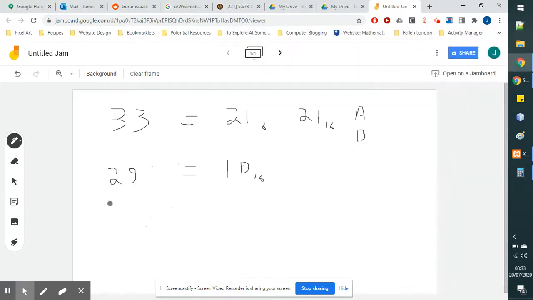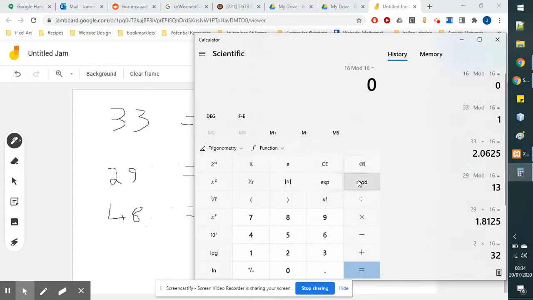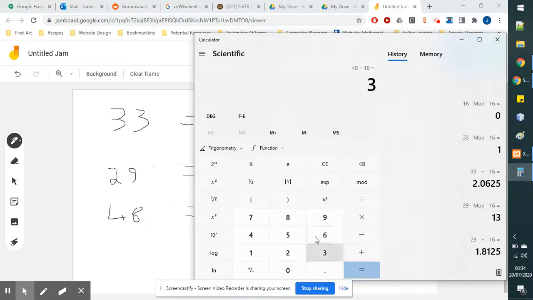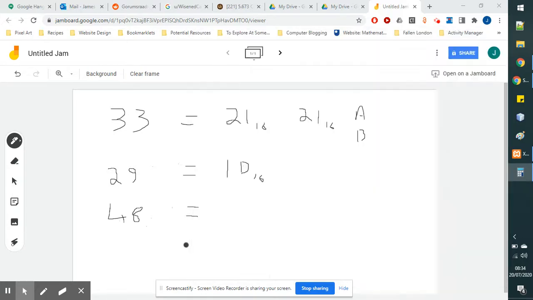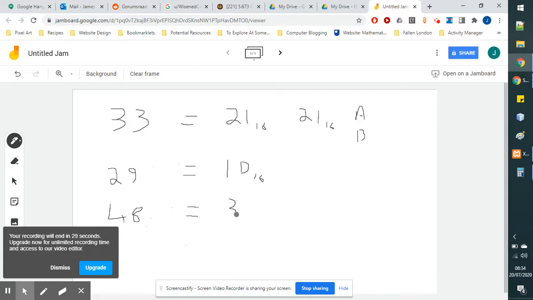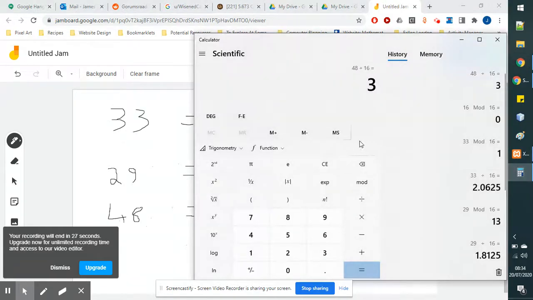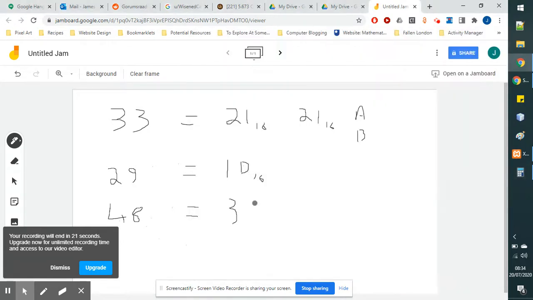So if I were to do 48 in decimal, I would start off by saying, okay, what's 48 divided by 16? Well, it's 3, there's no decimal place to ignore. Then what's 48 mod 16? It's 0, so I get that.